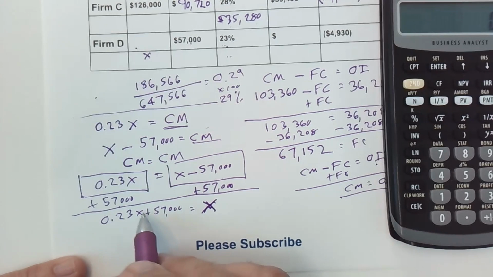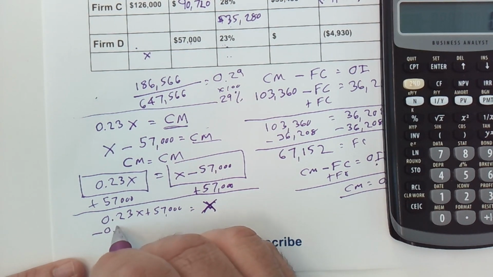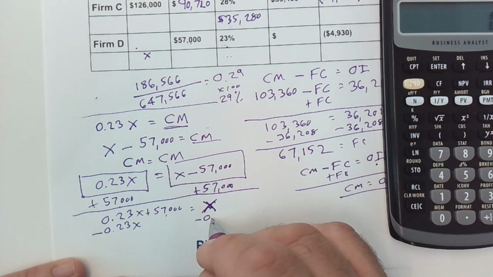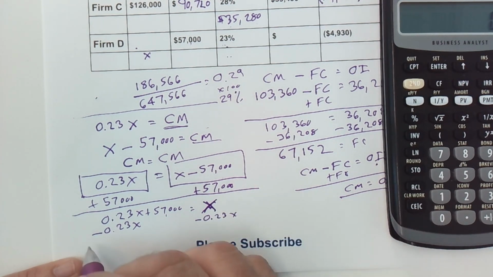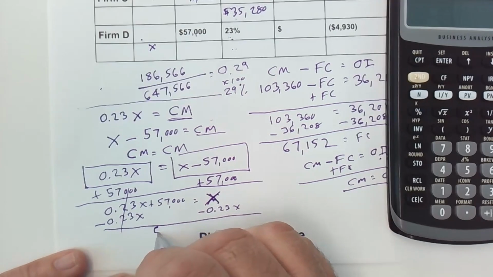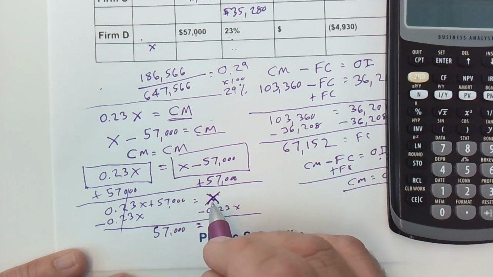So I'm going to move this 0.23x over. And since it's a positive number, I'm going to subtract 0.23x. And if I do it to one side, I've got to subtract it from the other side, 0.23x. This one goes away. So I've got 57,000, and then equals, and then I've got x.